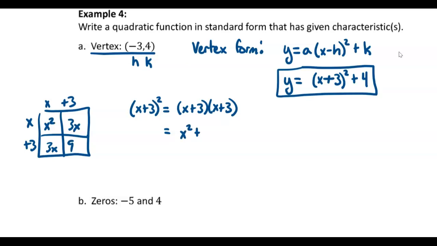That gets x squared plus 6x plus 9, because 3x plus 3x is 6x. All right, and then we still had this 4 right here, so you have that plus 4. And if you go ahead and simplify that, you have x squared plus 6x plus 13.